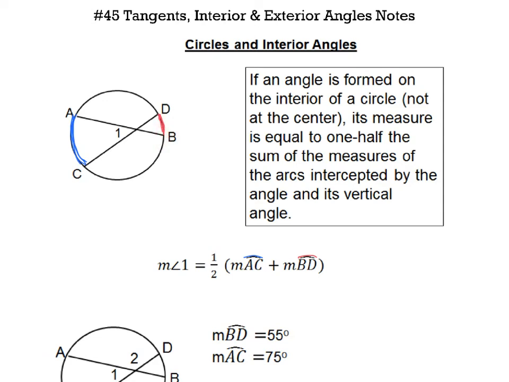So another way to write this formula, if you don't like to deal with fractions, is basically measurement of arc AC plus the measurement of arc BD, and then divide that by 2.